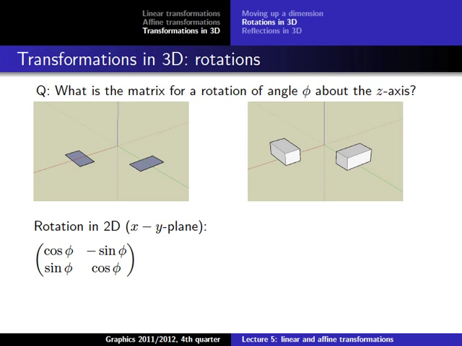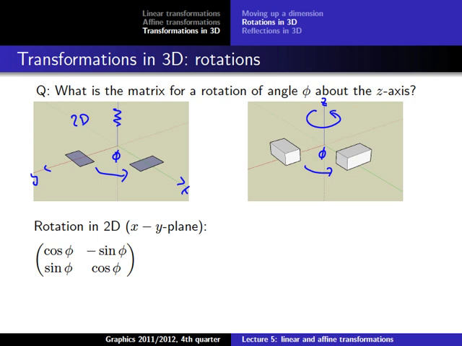To understand this, because we already know how to do a rotation around the origin in 2D, let's look at that case and then try to come up with how we do a rotation in 3D. If we see this as the xy plane and this 2D, so we forget about this one, and then we do a rotation here counterclockwise around the angle phi, then we compare this with the 3D case where we do a rotation around the z-axis also with the angle phi.